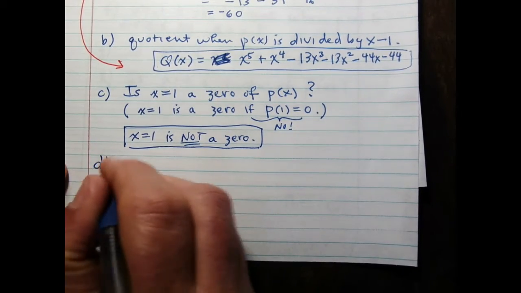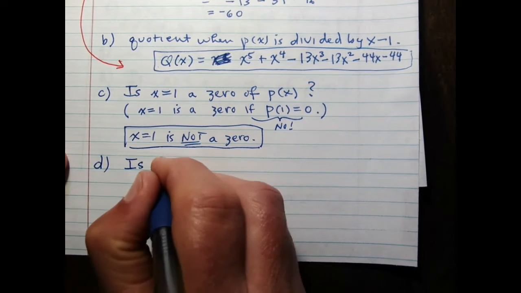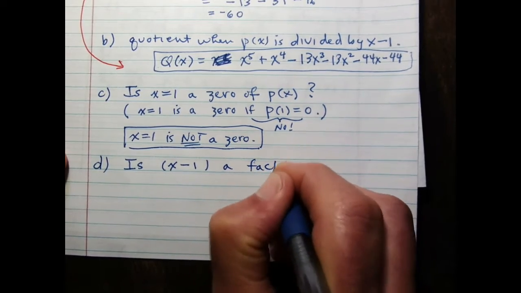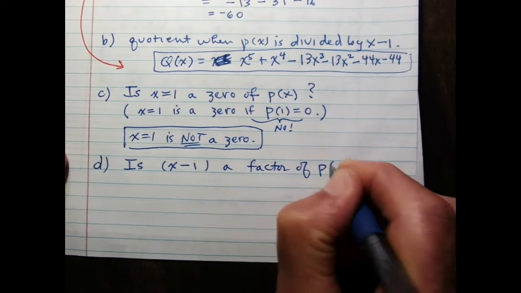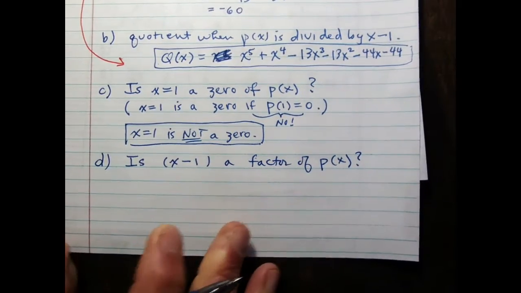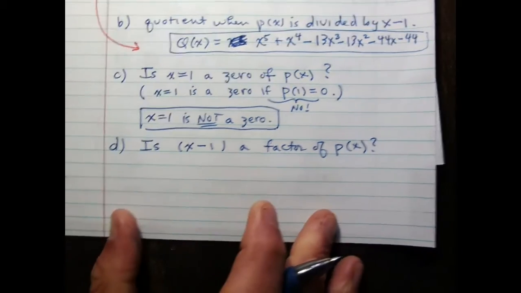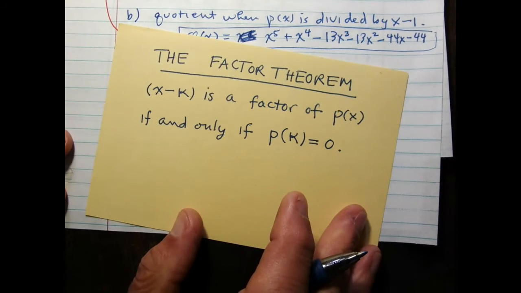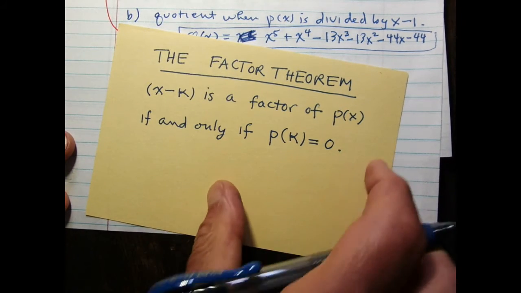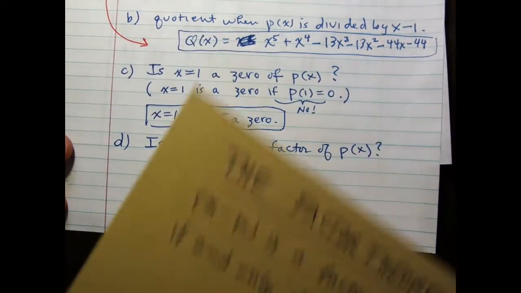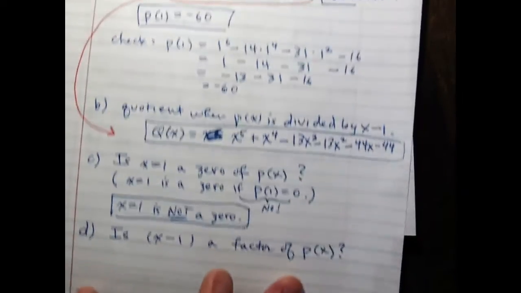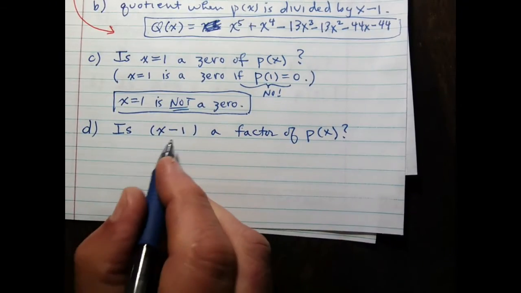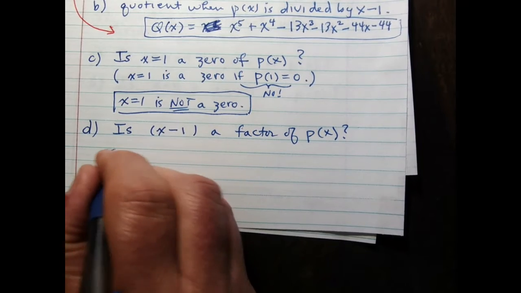And part D is, is x minus 1 a factor of P of x? And this is where the factor theorem comes into play. The factor theorem says x minus k is a factor of a polynomial if and only if P of k is equal to 0. So if P of 1 is not equal to 0, then x minus 1 cannot be a factor.